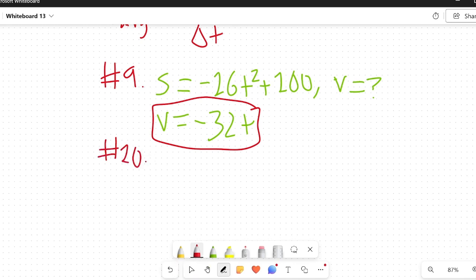In fact, let's extend this with a 10th problem and try to find the acceleration. The acceleration is equal to the derivative of velocity, right? Just writing this in plain words: velocity equals the derivative of position.